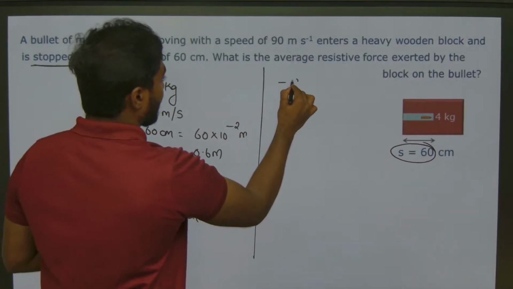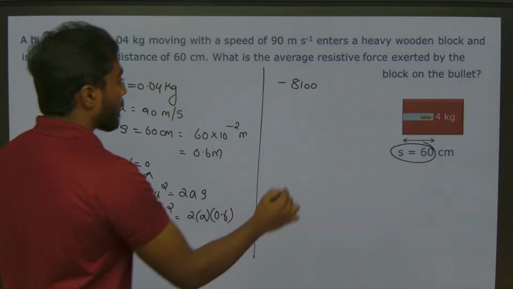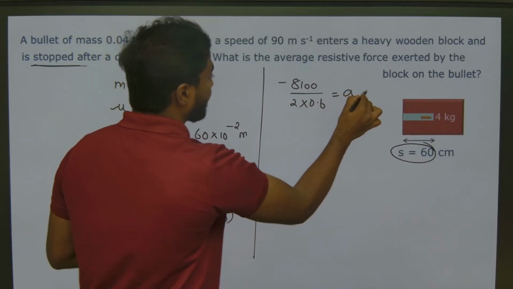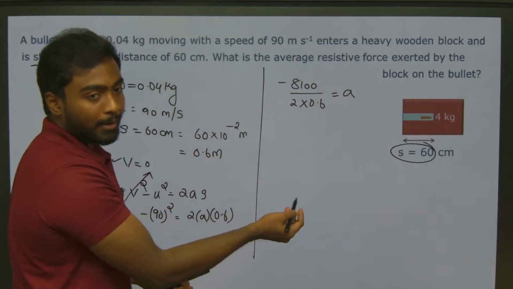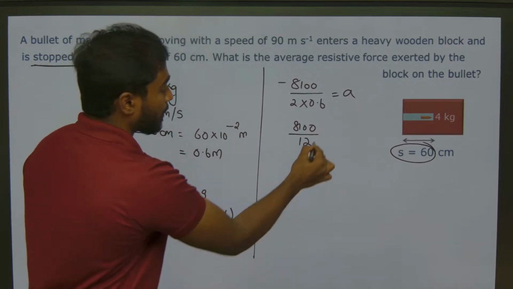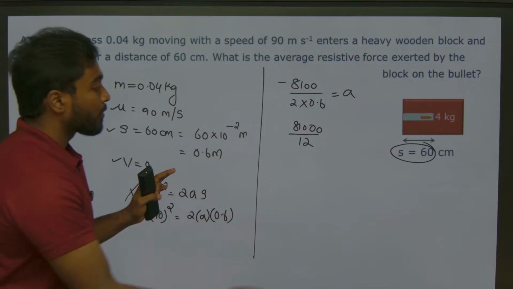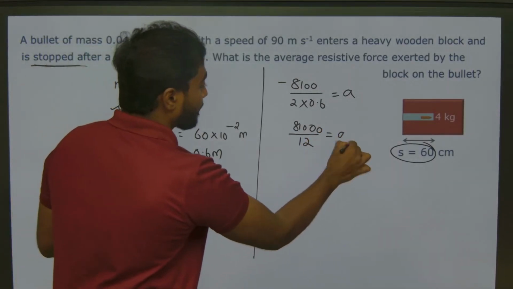Minus 8100 by 2 into 0.6 will be equal to acceleration, right? If I multiply by 10 by 10, it will become 81000 by 12. So how will my acceleration be?